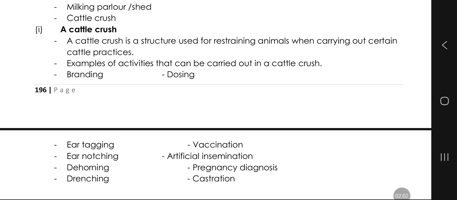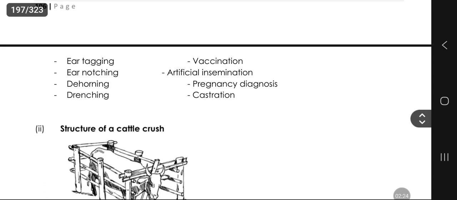Pregnancy diagnosis means to know the condition of the pregnancy, how old the fetus is, and how healthy the fetus is. Castration, we talked about it.